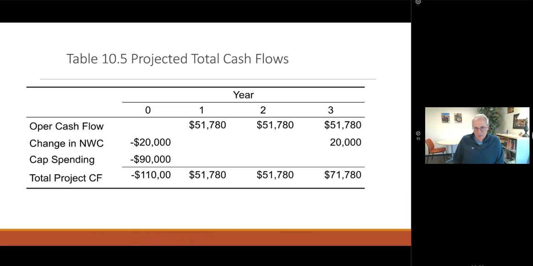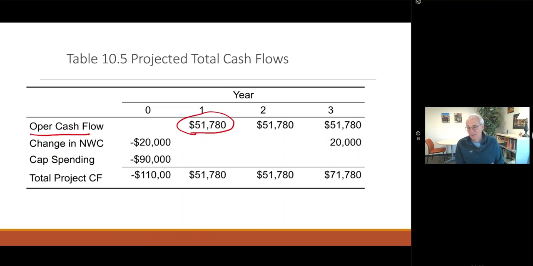Okay, so there are all of the numbers. So how do we get them? This 51,780, remember, is operating cash flow. You can go up on your page and look at the formula there. Basically we're taking our net income and adding back in depreciation.